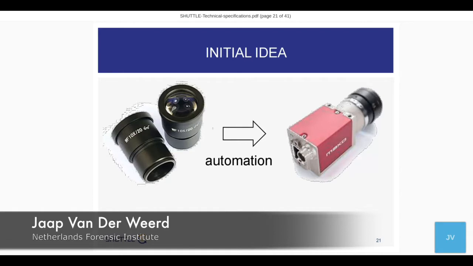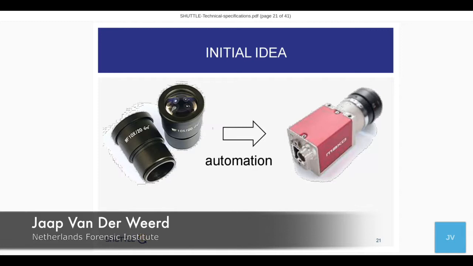So, going into the details on automation. What's the basis of automation? Well, simple. We have a microscope, and we like our microscopes. We do everything with the microscope, but the microscope is subjective. So what if we just remove the oculus, the piece you look through, from the microscope, and replace it with a camera?